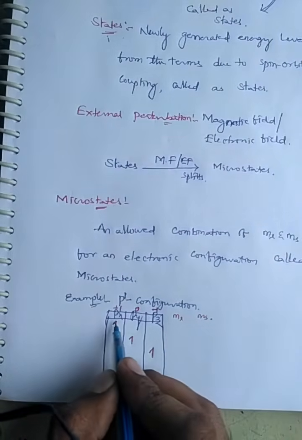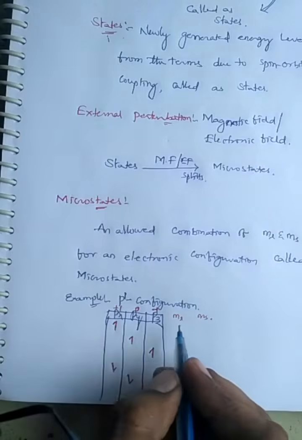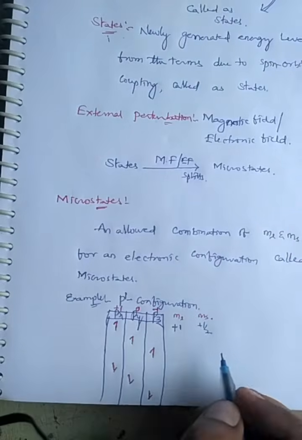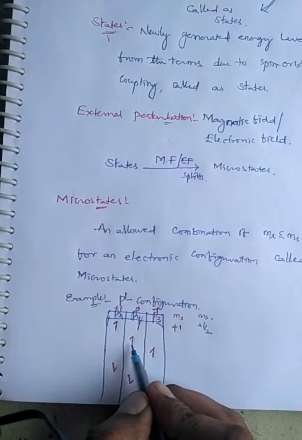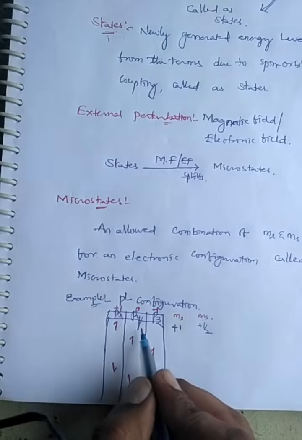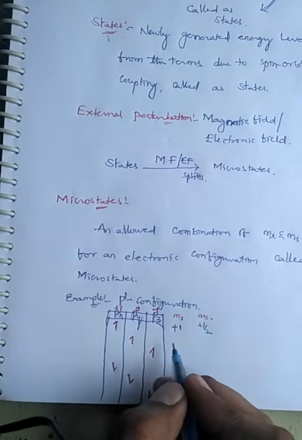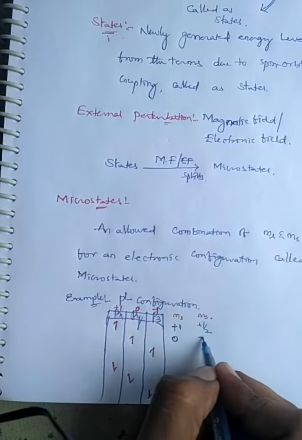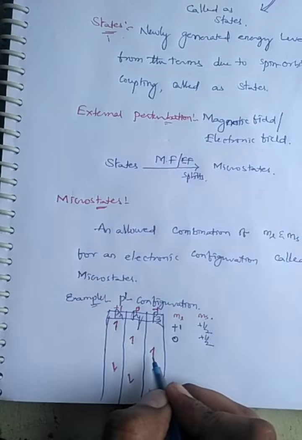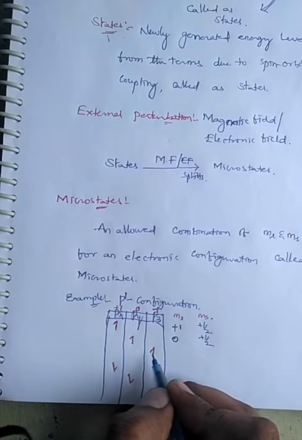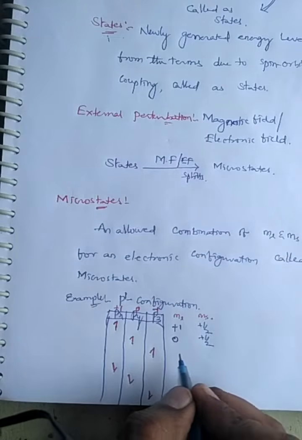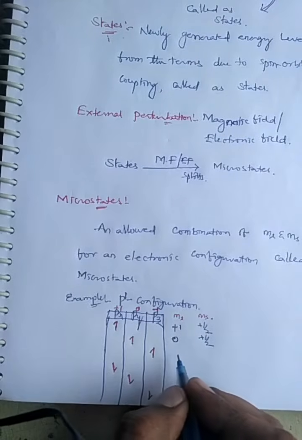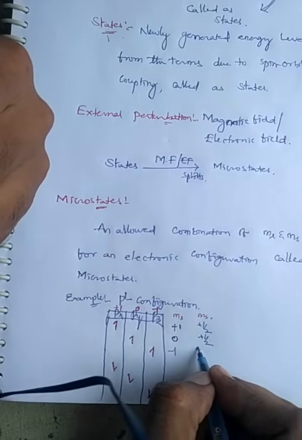The ML/MS values for the px electron configuration are +1 for ml and plus half for ms. For the py1 configuration, the electron has ml/ms values of 0 and plus half. For the clockwise pz1 arrangement, the ml/ms values are -1 and plus half.